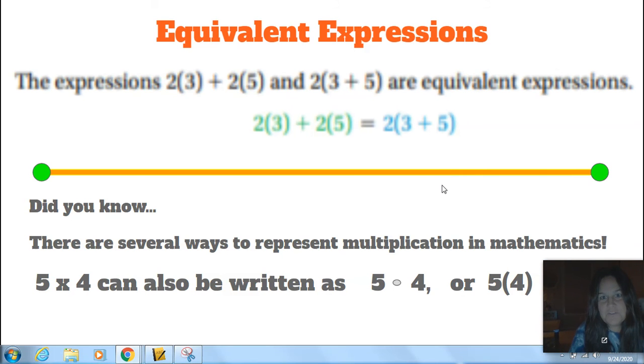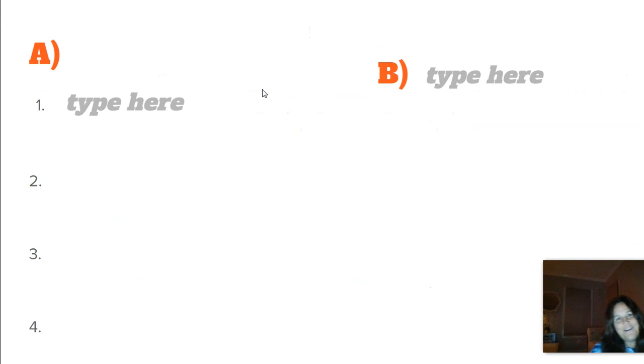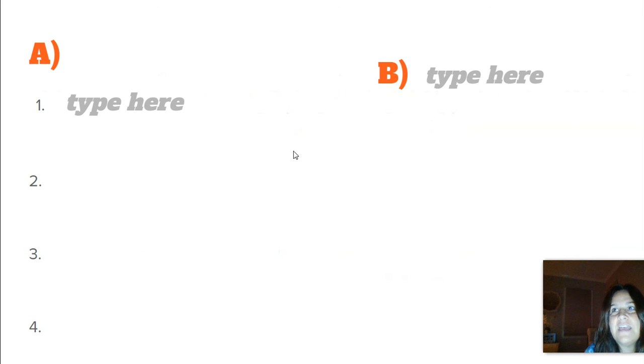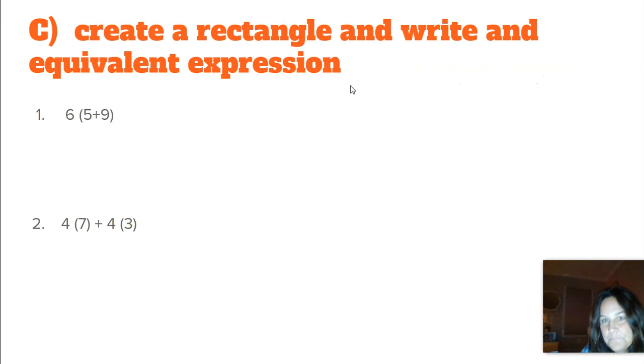So what I'd like you to do right now, why isn't it going to the next? There we go. What I'd like you to do is go ahead into your student activity book. We're going to work on problem 4.2, and you are only going to do A, B, and C. So only A, B, and C from problem 4.2.